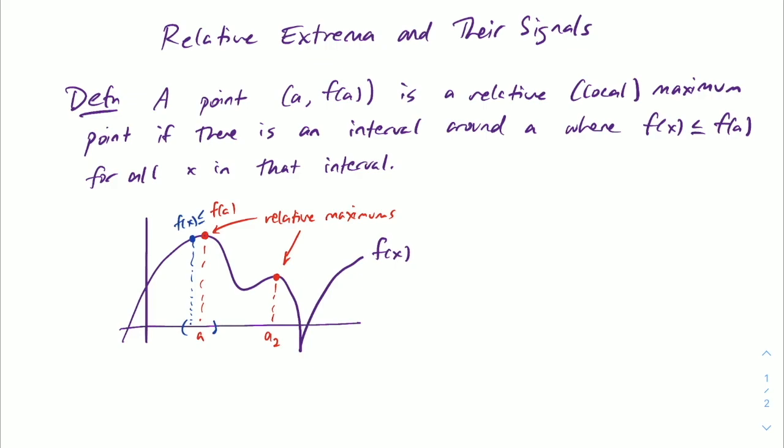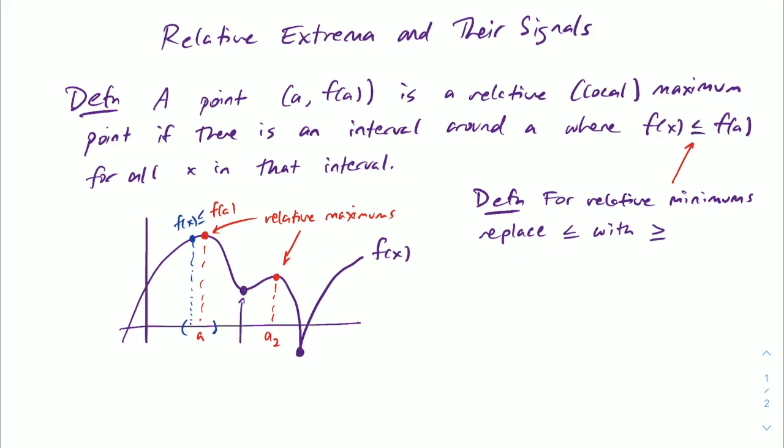Okay, so we can define relative minimum in a very similar fashion. For relative minimums, we're just going to replace the less than or equal to with greater than or equal to. That's this inequality here. So the relative minimums in this picture are here and here.